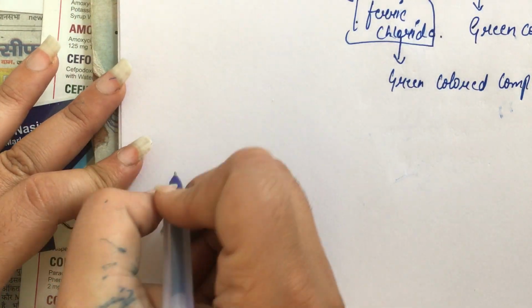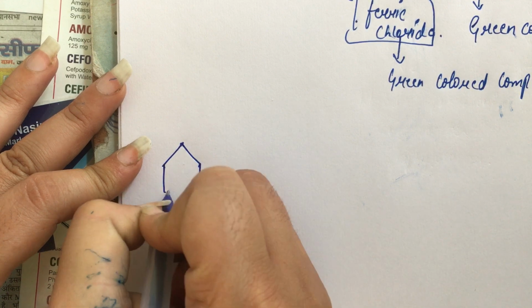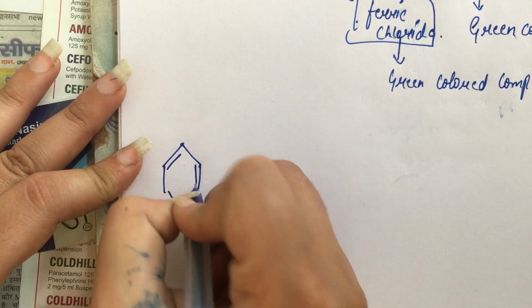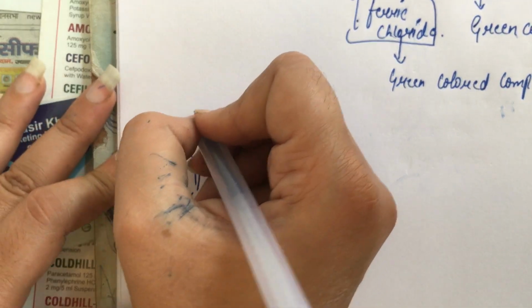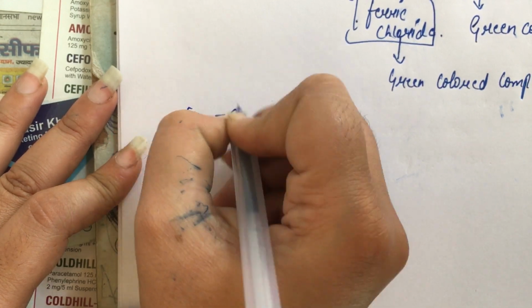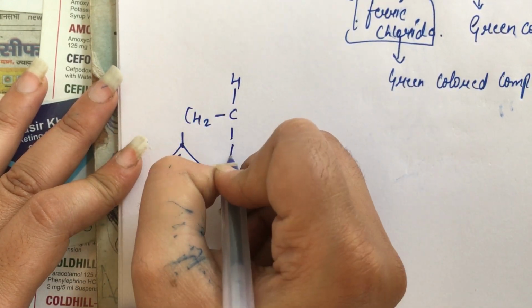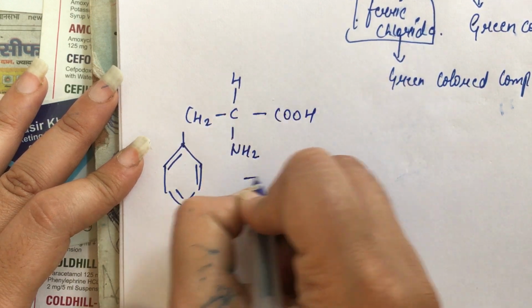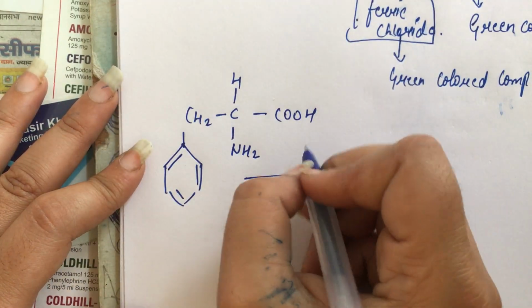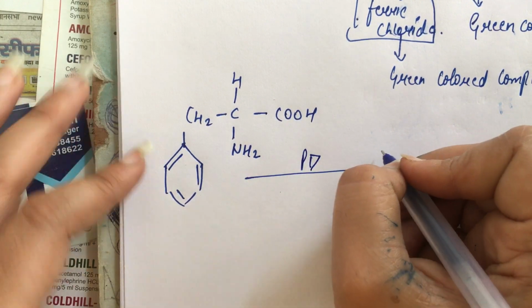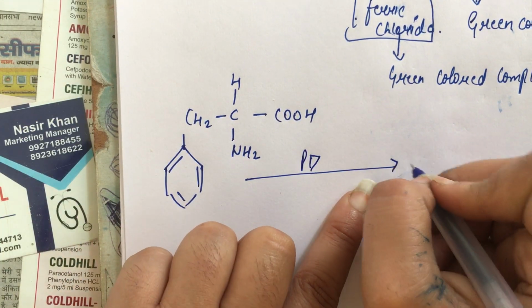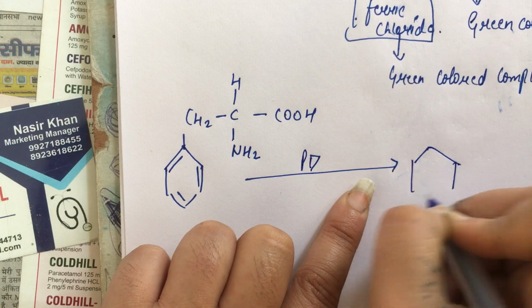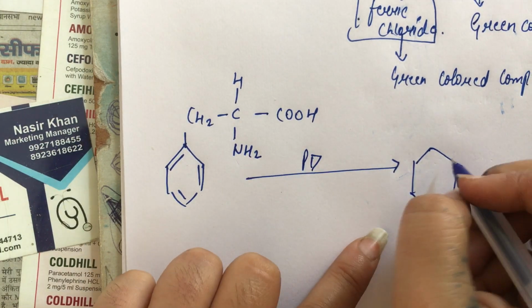Here we can see the reaction. This is our phenylalanine, CH2CH NH2 COOH. When this phenylalanine comes in contact with the enzyme phenylalanine deaminase, the enzyme removes its amine group.